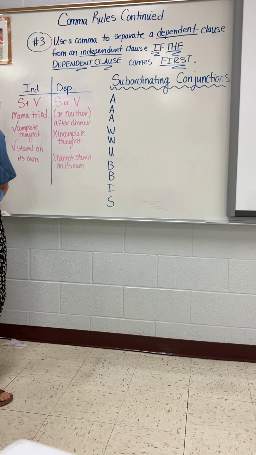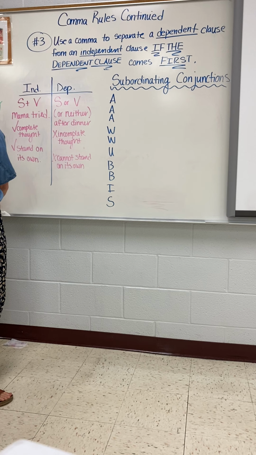Mama is your subject, tried is your verb. That can stand on its own as a complete sentence because it is a complete thought. So if you're ever unsure, ask yourself, can it stand on its own? And if that's the case, it is an independent clause. Okay?